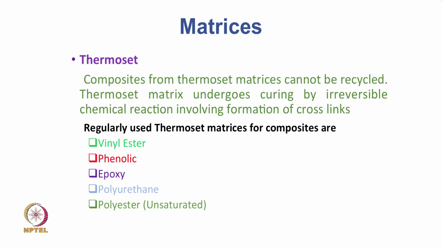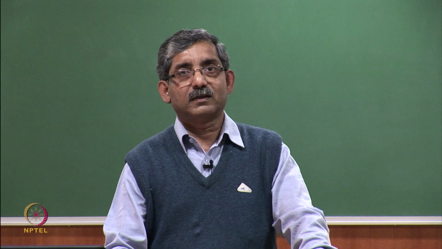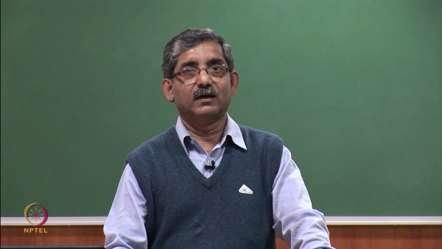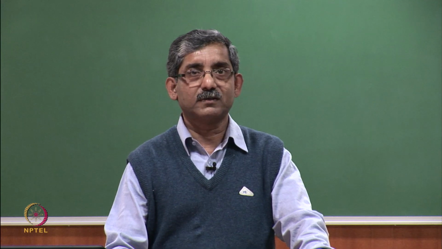The most commonly used thermoset matrices for composites are polyester, unsaturated polyester, vinyl ester, epoxy which is widely used, phenolic ester and polyurethane. These are the thermoset polymers.